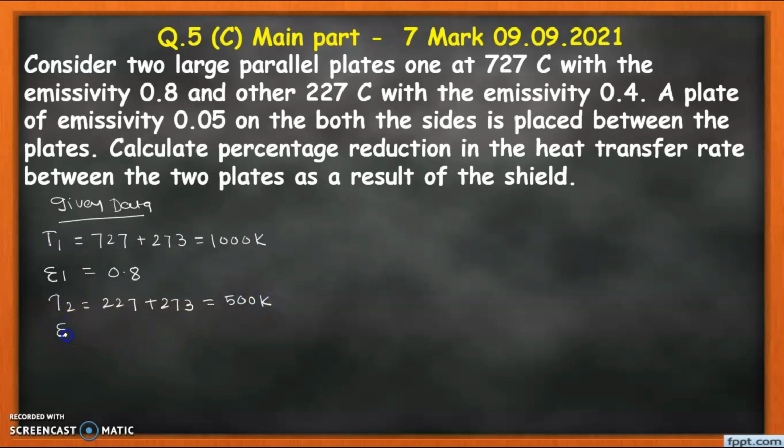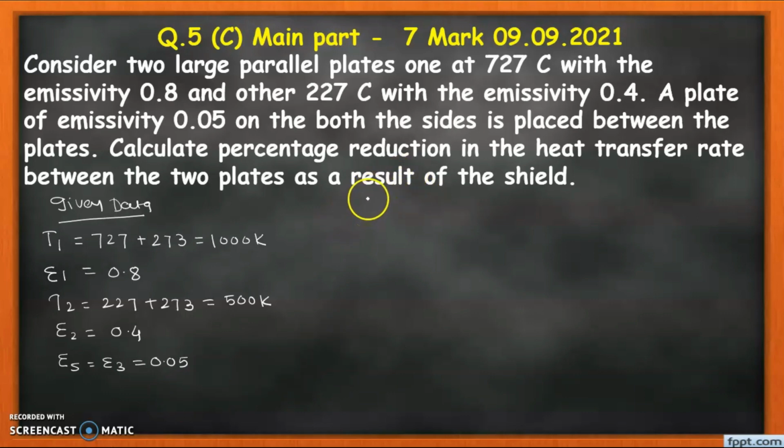The emissivity of the second plate is 0.4. The emissivity of the shield, or the third surface, is 0.05. And we need to calculate the percentage reduction in the heat transfer between the two plates.